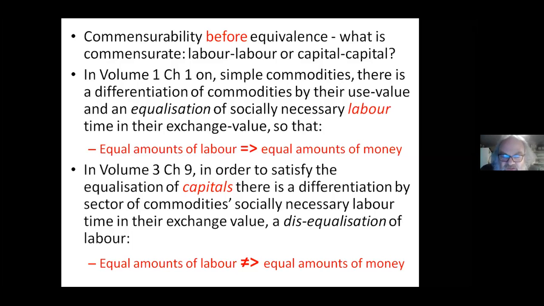So under the conditions of the transformation, equal amounts of labor are not expressed by equal amounts of money. This is an absolutely necessary condition of the capitalist mode of production.